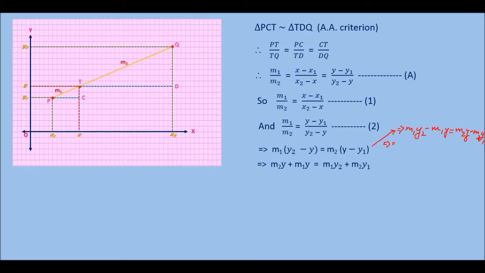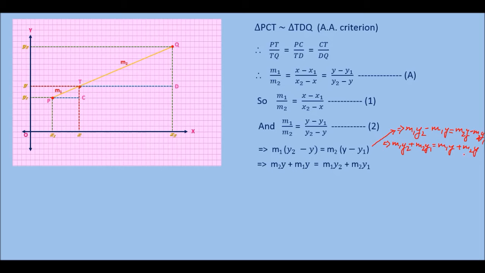So it becomes m1y2 plus m2y1, I didn't have enough space. So now this is m1y plus m2y. It is m1y2 plus m2y1 equal to m1y plus m2y.